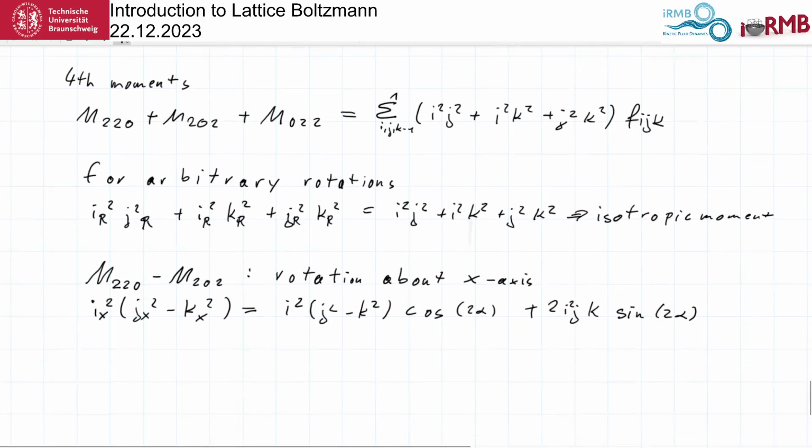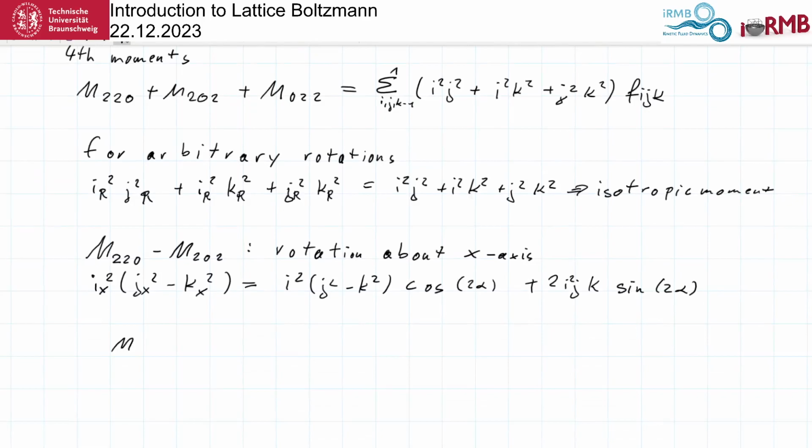So again, what we observe is that M220 minus M202 maps by a rotation of alpha equal to pi quarter, which again is not the right value for the lattice, will map into this moment.